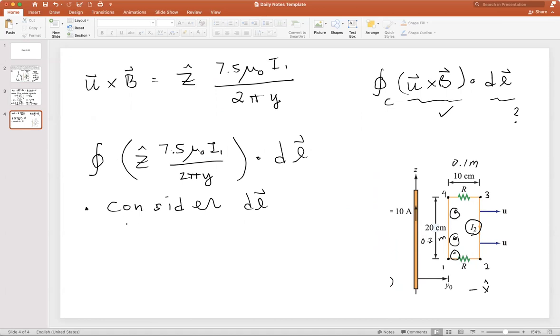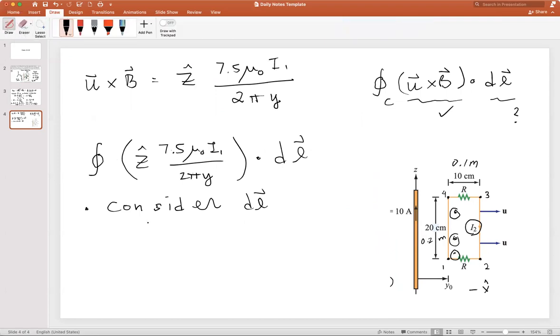So let's look at this, from 1 to 4, like this. We can see that this is in the z direction. So for this segment, we have dL equal to z hat dz.